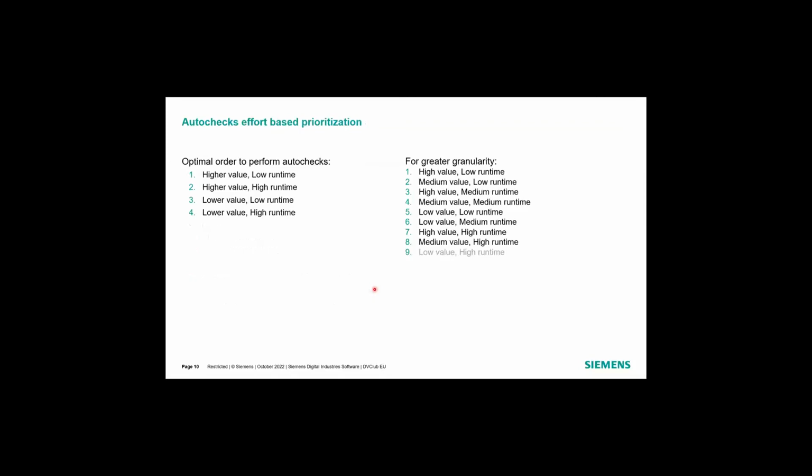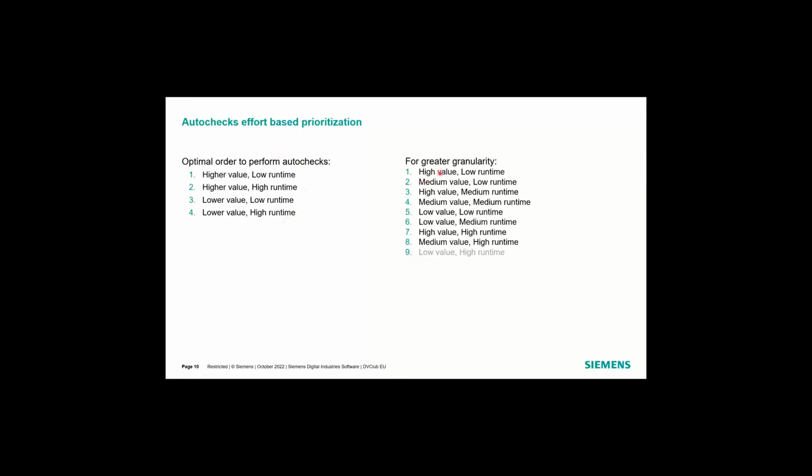And so based on this, you might want to go and study the auto checks that you run on a design and come up with an optimal order to perform the auto checks. So you could order them in higher value, lower runtime. These are the best to run. Obviously, the lower value, the higher runtime are the worst to run as part of a continuous integration flow.